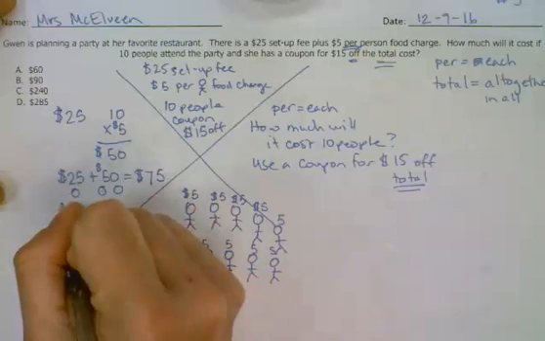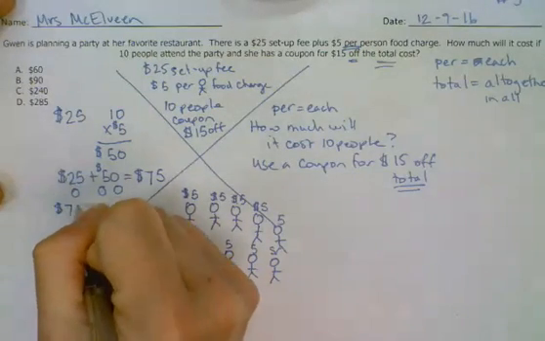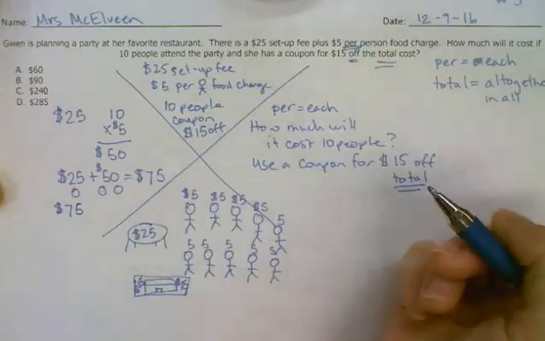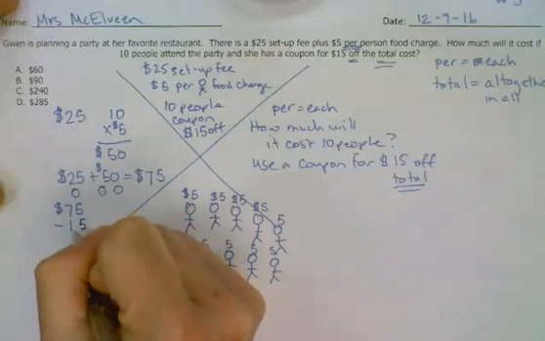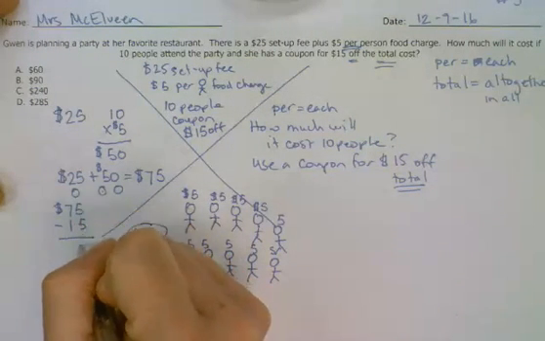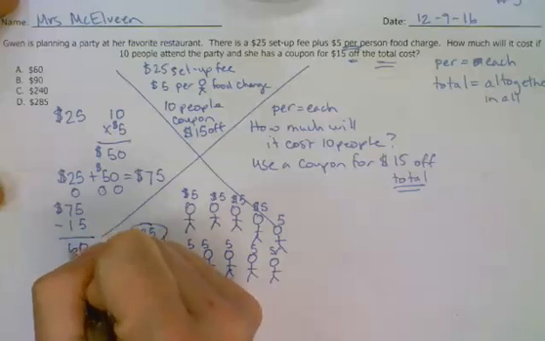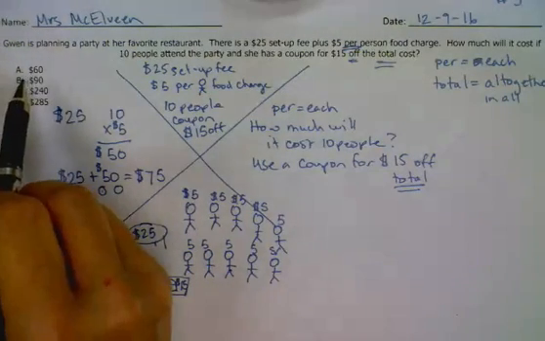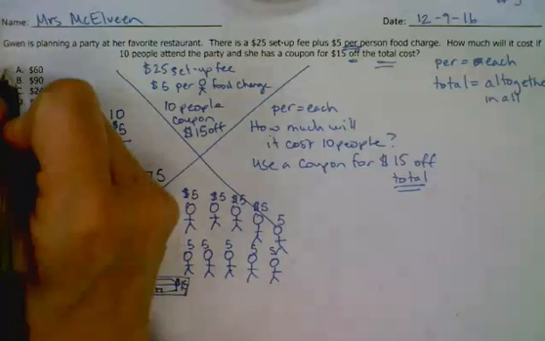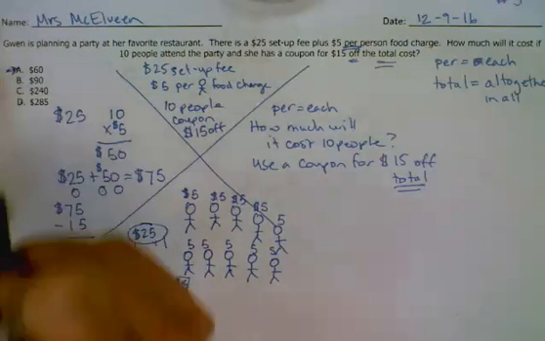So $75, if I'm taking something out, I'm subtracting it. $75 minus $15. 5 minus 5 is 0. 7 minus 1 is 6. $60. I have suggested answers over here. I see $60 right here.